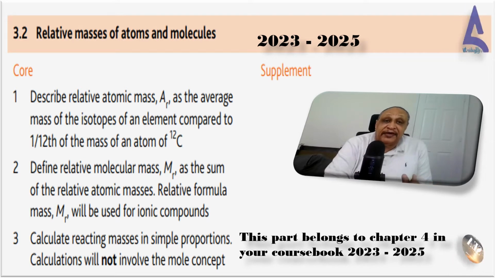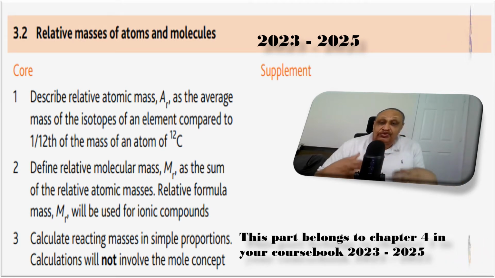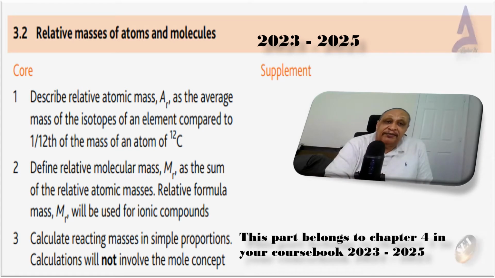This chapter is about the relative mass of atoms and molecules, which is chapter 4 actually. But this part is invited to become our main thing before we start chapter 5.